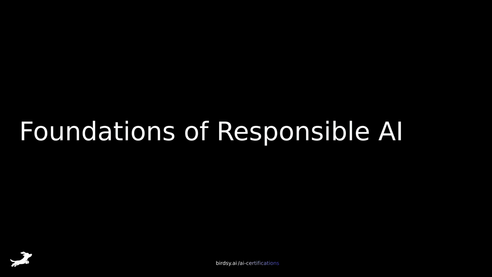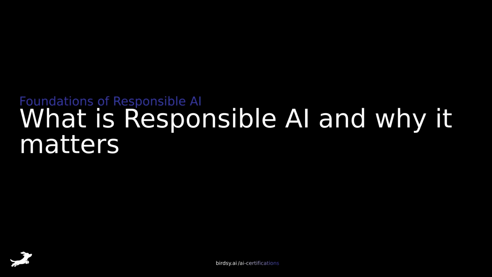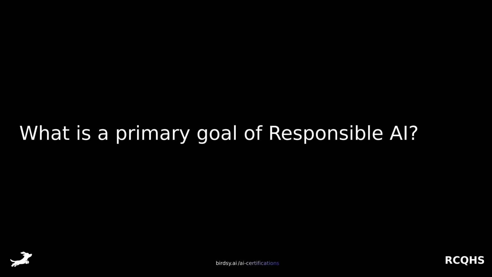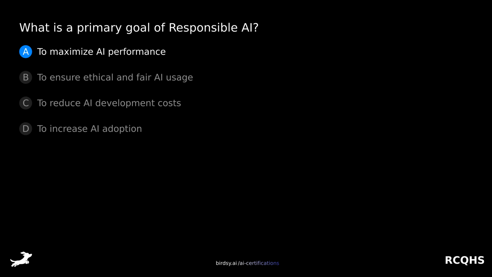Let's start with a review of the foundations of responsible AI. What is responsible AI and why it matters? What is a primary goal of responsible AI? Is it A, to maximize AI performance? B, to ensure ethical and fair AI usage?